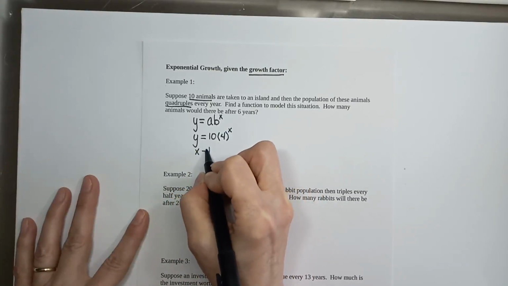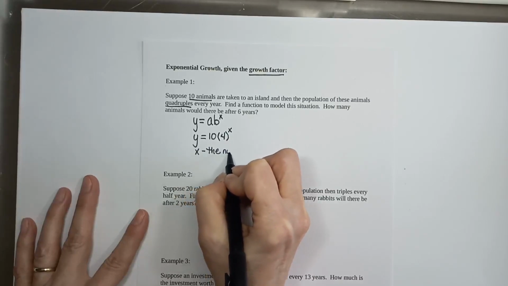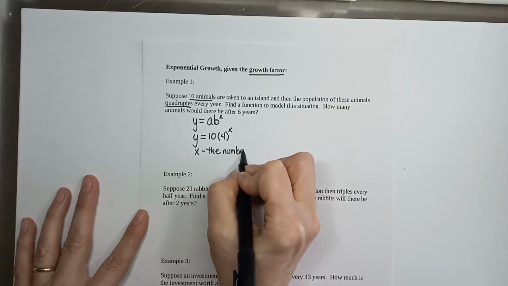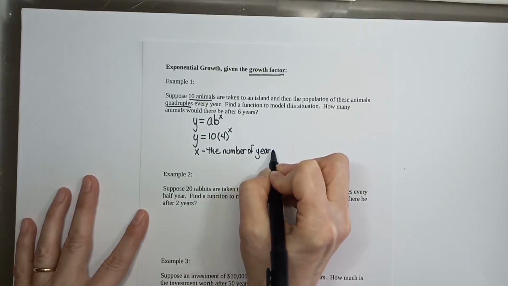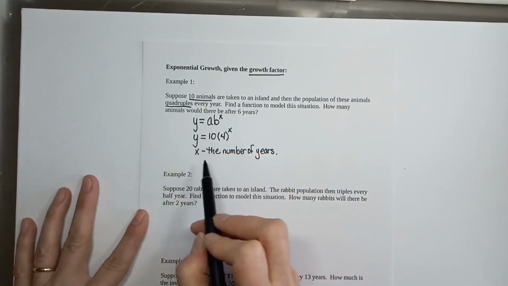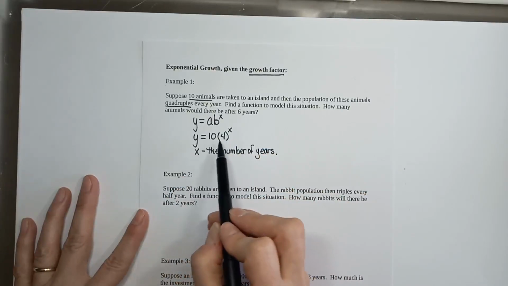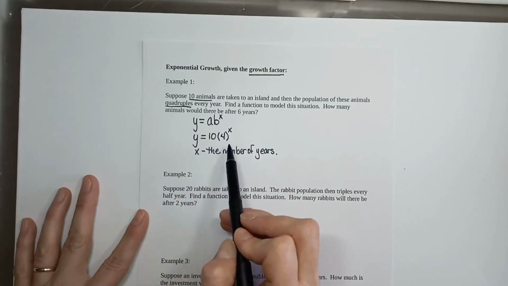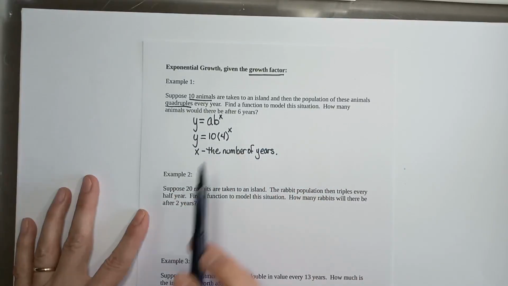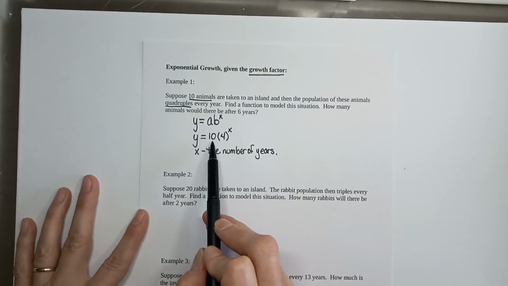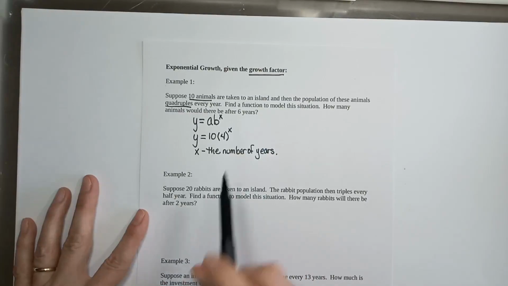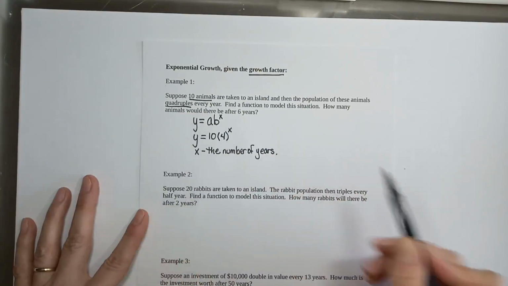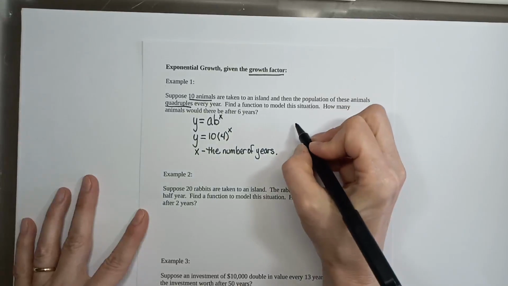X is the number of years. So we have our function or our equation that models this situation. We start with an initial value of 10 animals. It quadruples every year. So now I want to answer this question. How many animals would there be after 6 years?